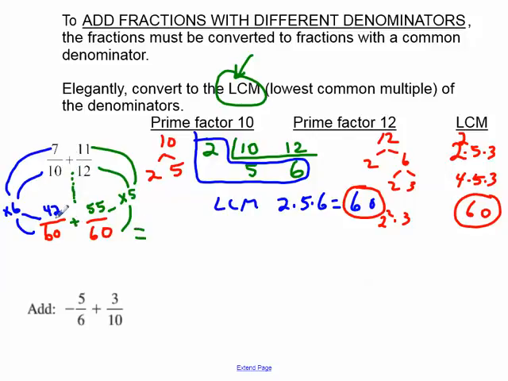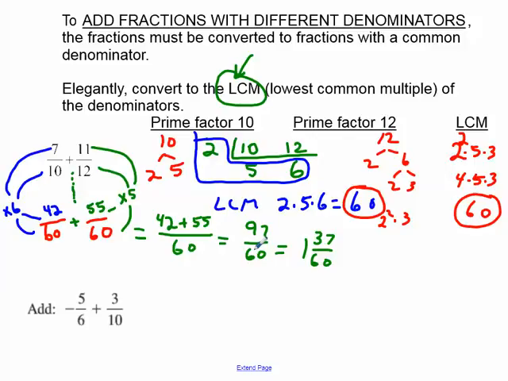And now we just add 42 plus 55. That is our numerator over 60. 42 plus 55 is 97, so we have 97/60ths. That is going to be 1 and 37/60ths, because that 1 is 60/60ths.